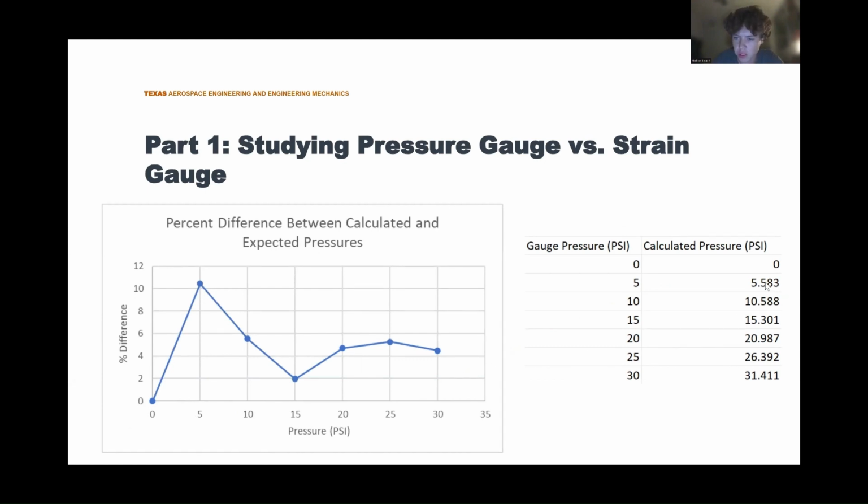The reason for that is just the lower number; we're off by about 0.5 on our calculated pressure, so of course that's going to show up greater at the lower magnitude of pressure. But besides that one spike at 5, the percent difference is pretty low, which is a good indicator that our calculated data is good and close to the expected pressure data.